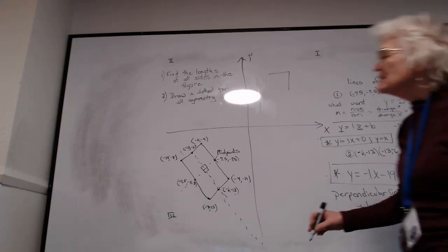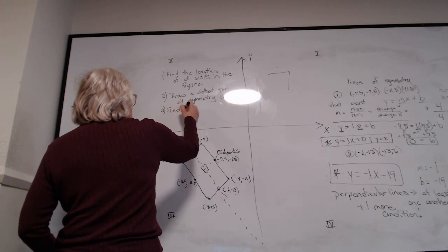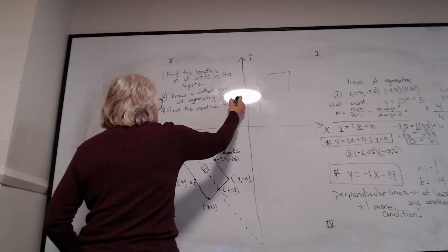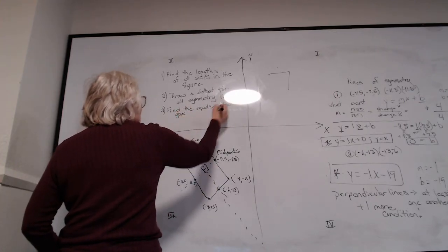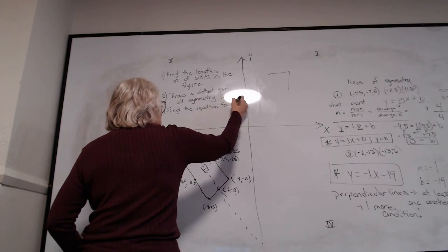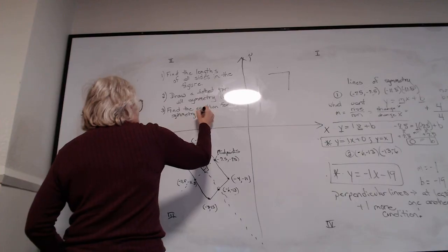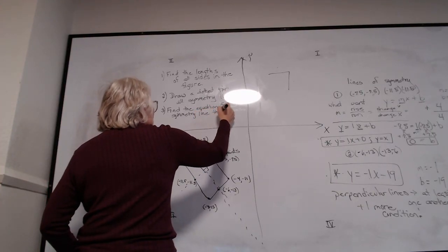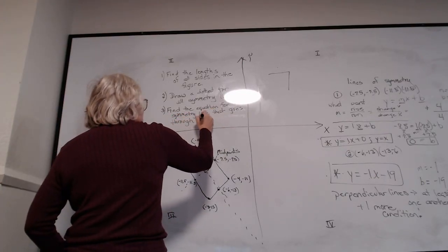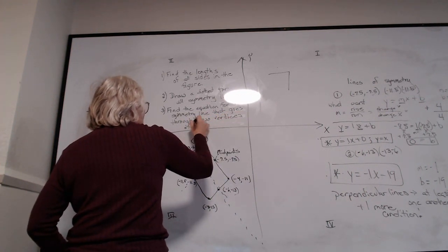If you have two points already marked, find the equation for the symmetry line, the line that goes through two vertices of the figure.